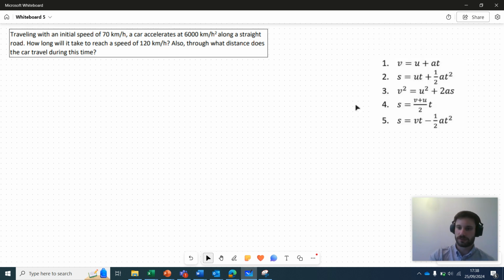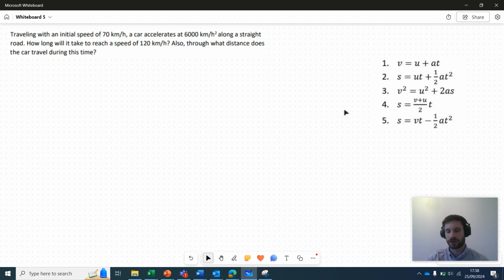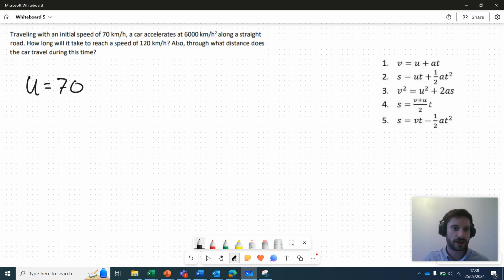All we really need to do for this problem is refer to these kinematic equations or formulae that I trust you guys are familiar with already. So we could state what we already know. What we already know is that the initial velocity, or u, is equal to 70 kilometers an hour. I'm just not going to bother writing out the units here because the units are consistent.